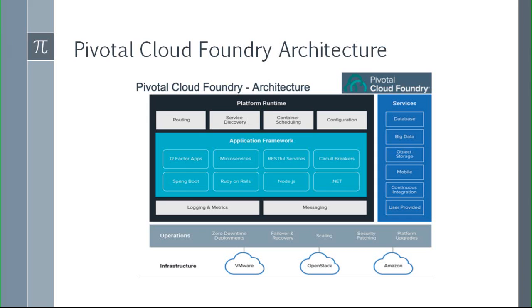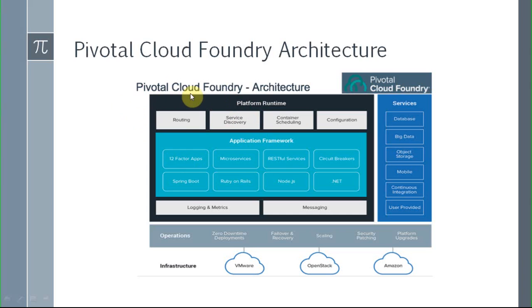For example, you can use Eureka discovery service from Netflix, and also you can use routing services in your architecture.